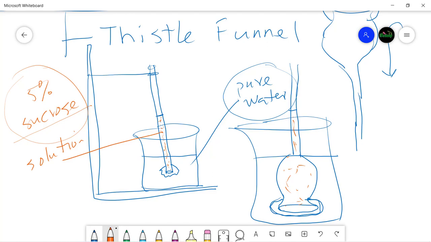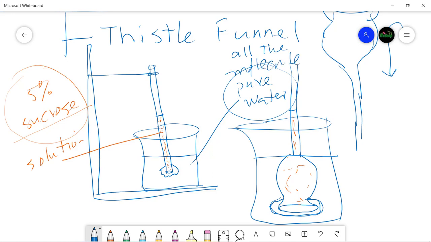So now in this sugar solution, the number of free molecules is less as compared to the beaker of water. Here, all the molecules of water are totally free.